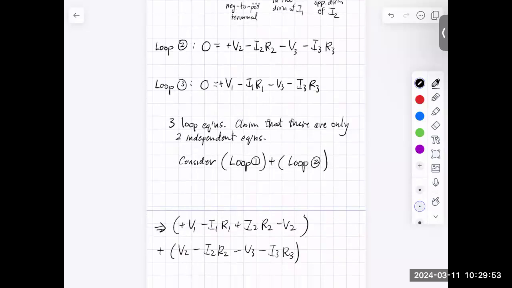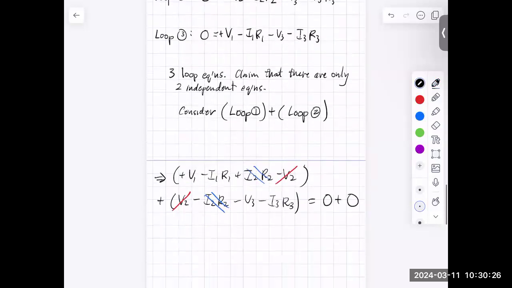So that's adding up the right-hand sides as I've drawn them. And that would have to be equal to the sum of the left-hand sides, which is just 0 plus 0, right? Then if we did this addition, I have minus V2 and plus V2, those just cancel. And then I have plus I2 R2 and minus I2 R2. Those cancel too, and then we just have the remaining terms.